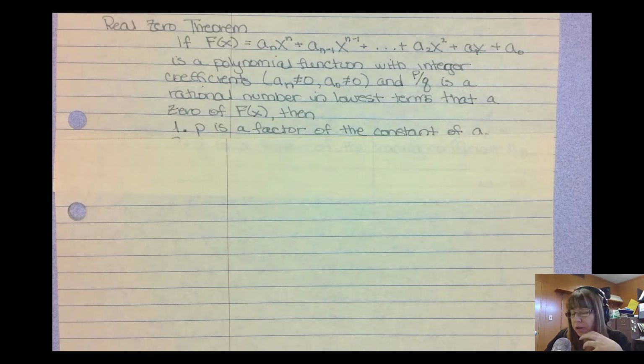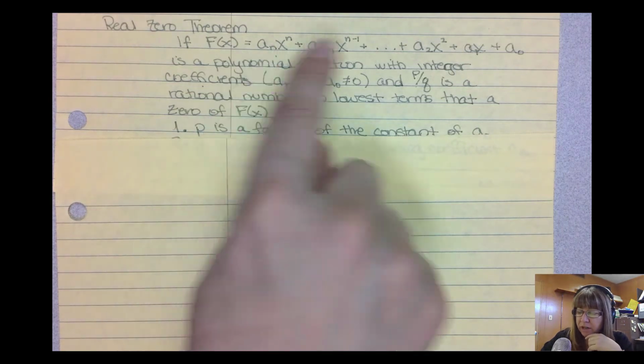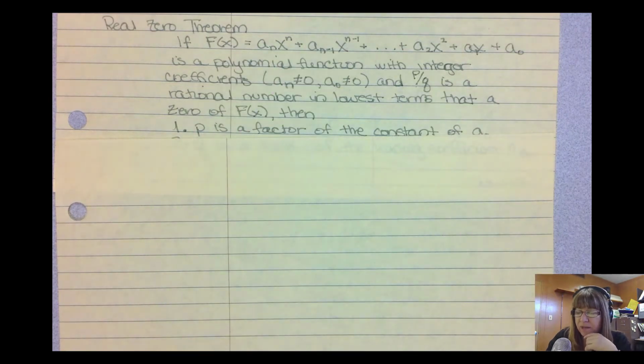It's a polynomial with integer coefficients, and we want our first and last coefficients not to be 0. Then if we have a rational number, we'll call it p over q for right now, in lowest terms, so it's a fraction in lowest terms, that is a zero of f.